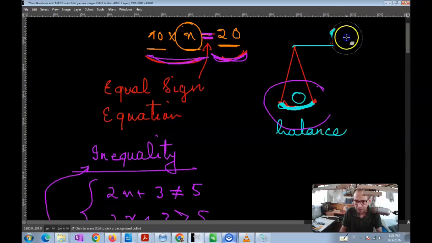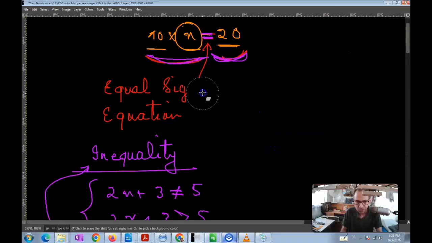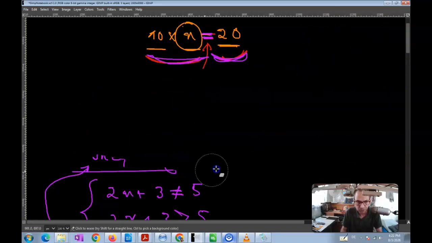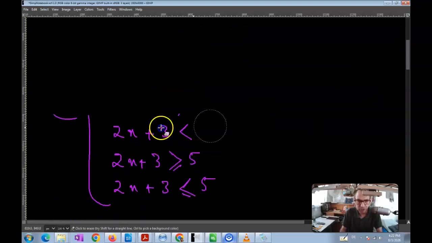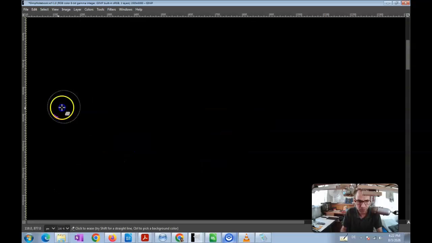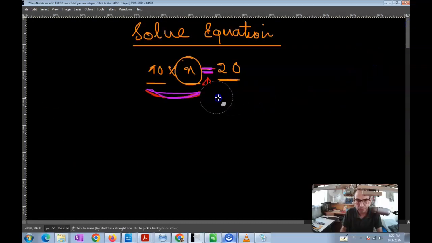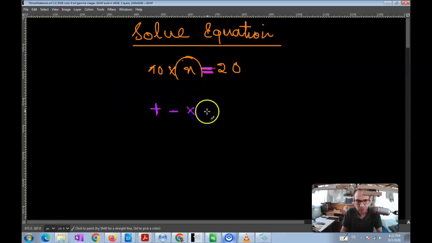Now based on this you can solve equations, right? Based on understanding the nature of an equation, you will be able to solve it using the basic operations in mathematics, meaning an equation is always solved using the four basic operations: addition, subtraction, multiplication, and division.